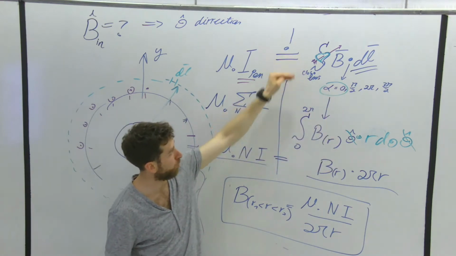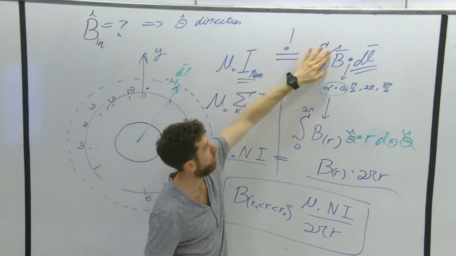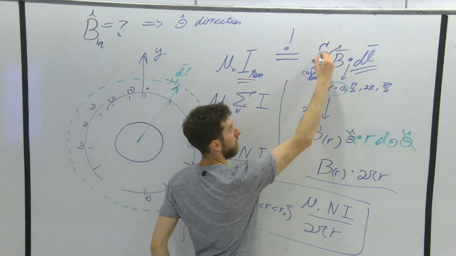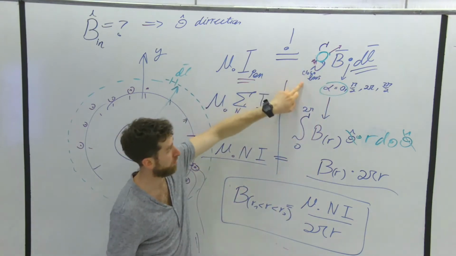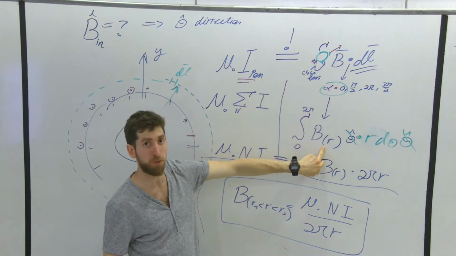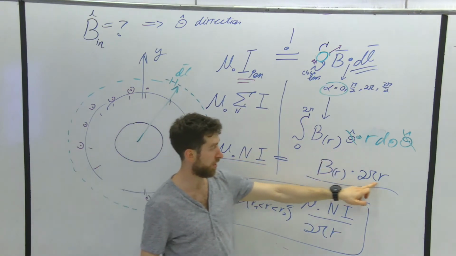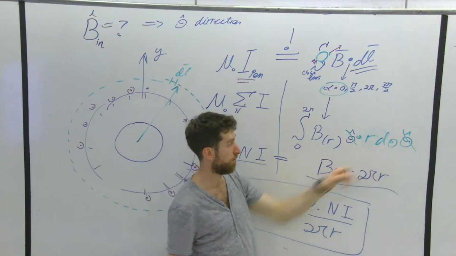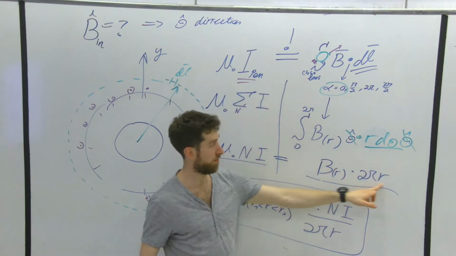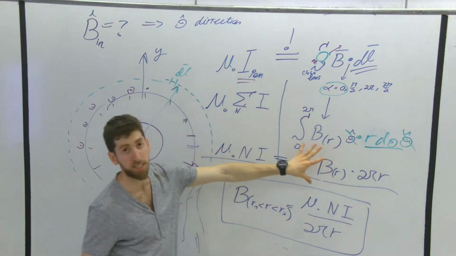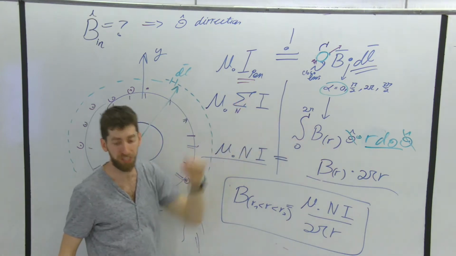I choose the loop to be a perfect circle. And then from symmetry, it must be a function of r, and it's still in the theta direction, right? And this is my dl, so it ends up being 2 pi r, so this side is the same. Let's see what's going on with the other side.